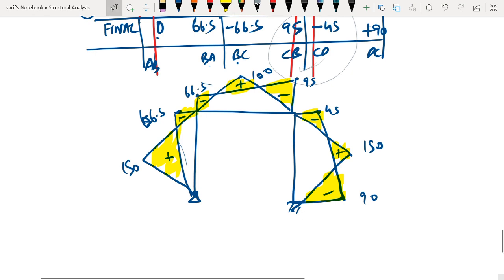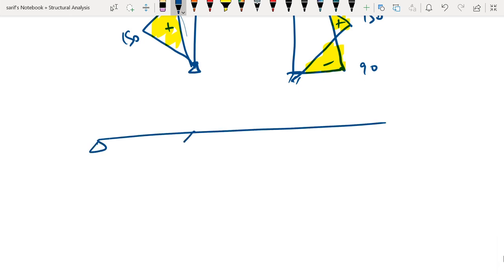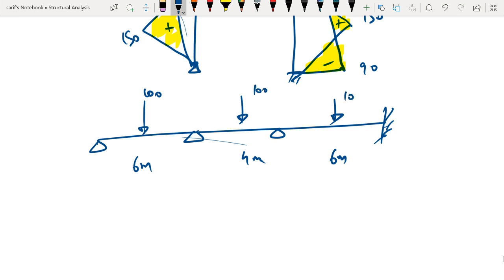So if we try to draw the same for a beam, this is 6 meter, 4 meter, 6 meter, and we have central loads 100, 100, 100.